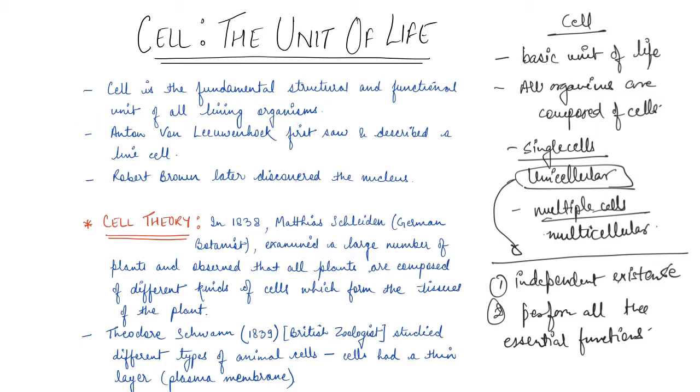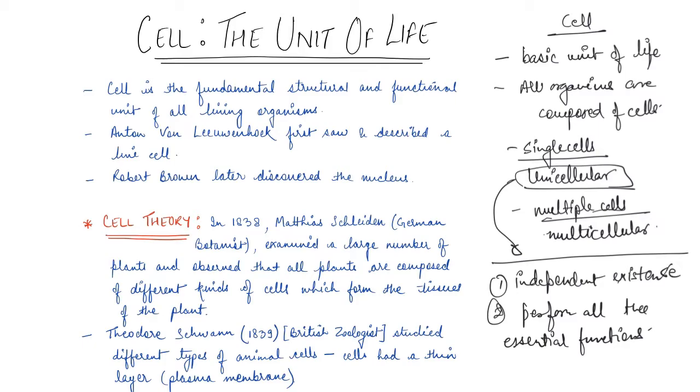Now, for the first time, the person who saw and described a live cell was Anton von Leeuwenhoek. Later on, Robert Brown discovered the nucleus, right?